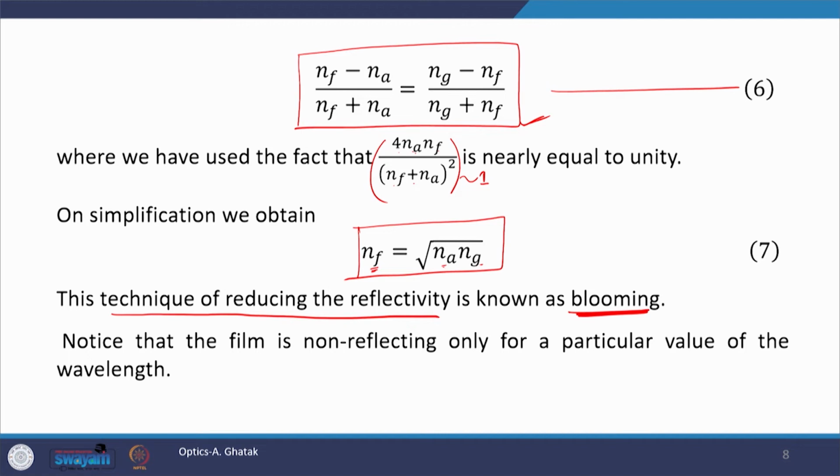This condition would be valid, but we will have to change the refractive index accordingly, because refractive index is a wavelength dependent quantity, but d, the thickness of the film, would be fixed once we have designed some anti-reflecting coating on a lens surface. So, once the design is fixed, the perfect condition of 0 reflectivity would be valid for a single wavelength, but if we deviate from the wavelength, there would be some non-zero reflectivity.